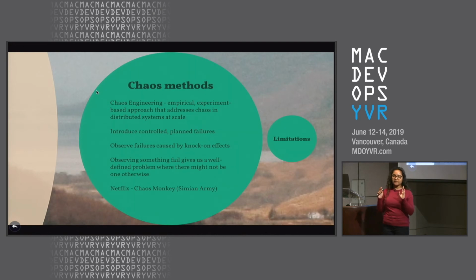So chaos engineering and the results of a chaos experiment give you a well-defined problem that you can take to your builders and tell them, this specifically is not working this particular way, the way we thought it was working or that it was supposed to be working. And that's another advantage of it.